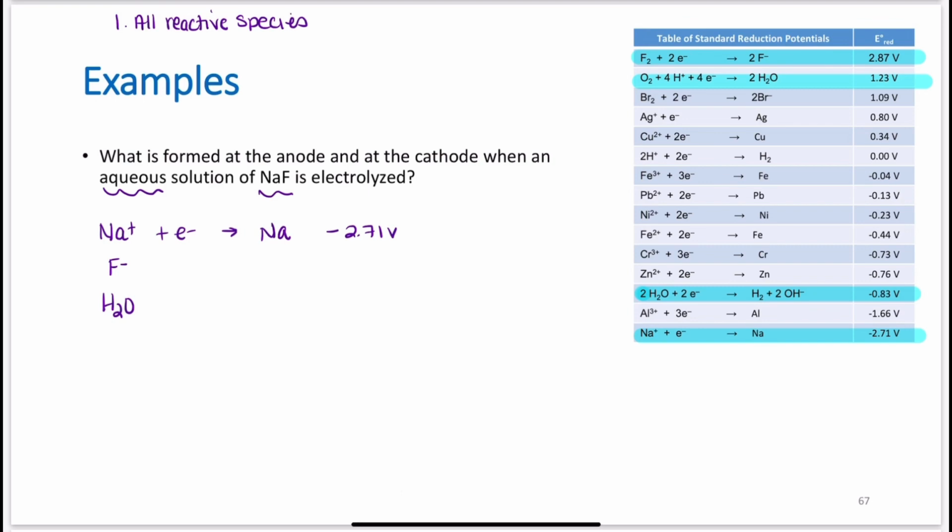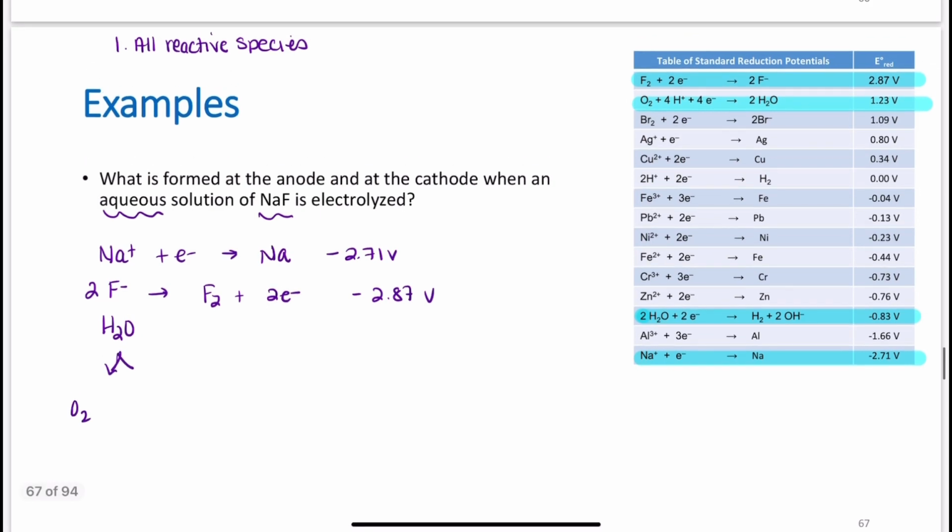Fluoride, I need 2 fluorides, form F2 plus 2 electrons. I flip the reaction around, that would be negative 2.87 volts. Water, on the other hand, can form oxygen gas at 1.23 volts and can form hydrogen gas at negative 0.83 volts.